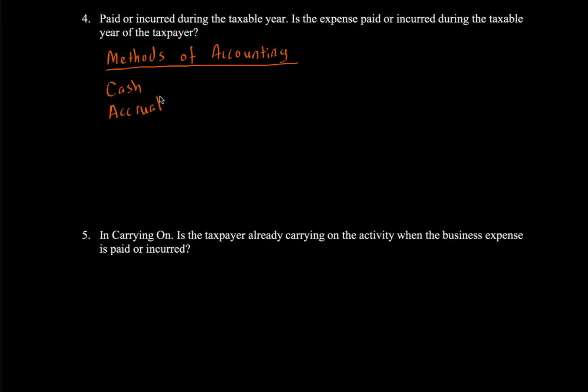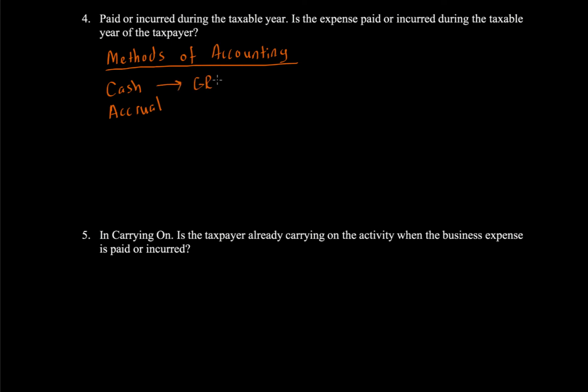Now the cash method is the first type. A cash method taxpayer generally can claim, so we're talking about just claiming deductions. With respect to income, that was in a previous discussion with regard to the inflow of income. A cash method taxpayer generally may claim a deduction in the taxable year in which the deduction is paid. That's the general rule.